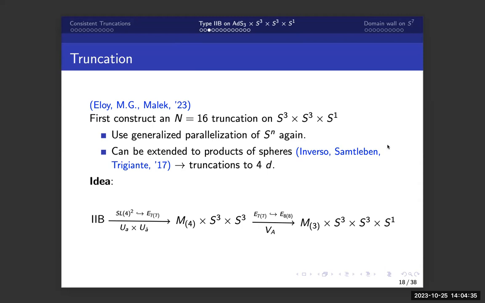This amounts to embedding an element of the group SL4 squared into E7. And then the second step is you do another circle reduction to go to 3 dimensions, which again involves embedding the element of E7(7) that you got from there into the larger group E8(8). So you end up with a theory in 3D.